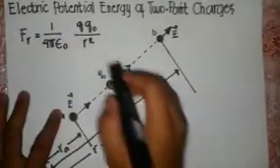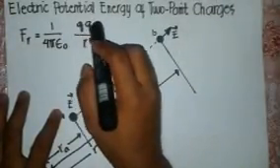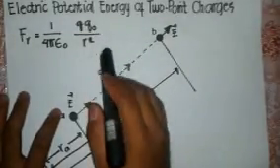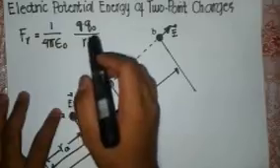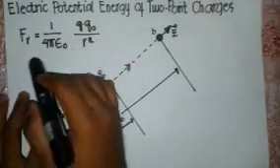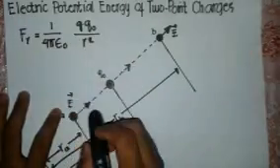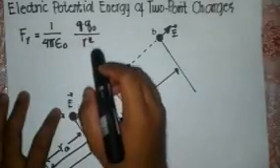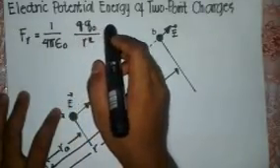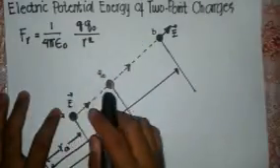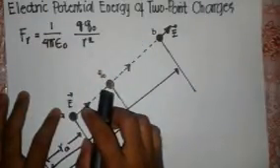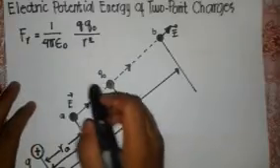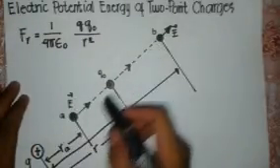Now if our q and q naught have the same signs, either positive or negative, then our force is repulsive. But if our q and q naught have opposite signs, then our force is attractive. So force is not constant during the displacement.